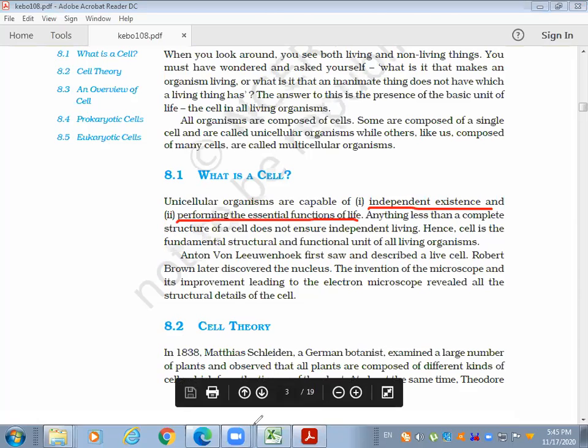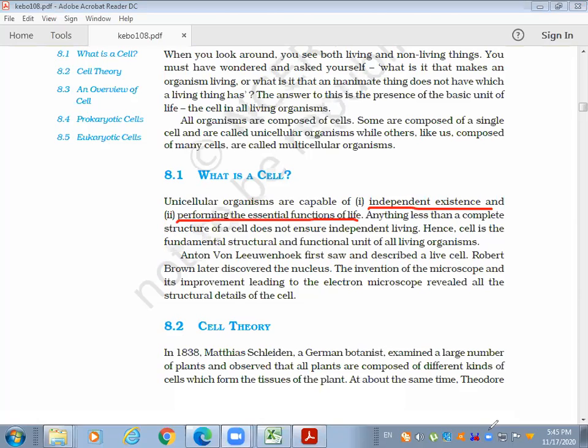So, unicellular organisms are capable of independent existence and performing the essential functions of life. Anything less than a complete structure of a cell does not ensure independent living. Hence, the cell is the fundamental structural and functional unit of all living organisms.